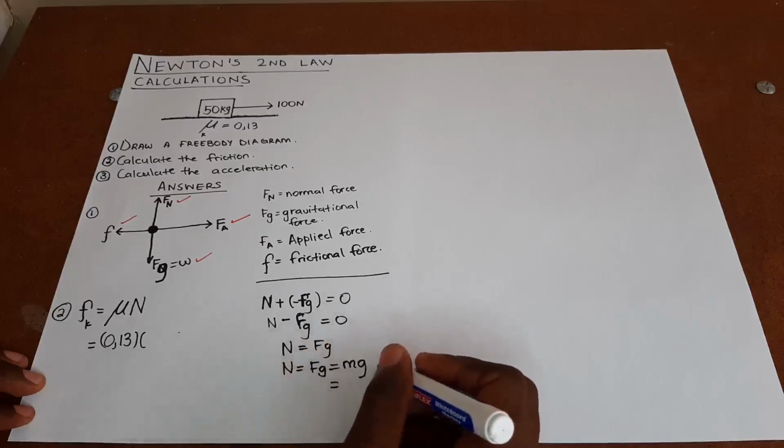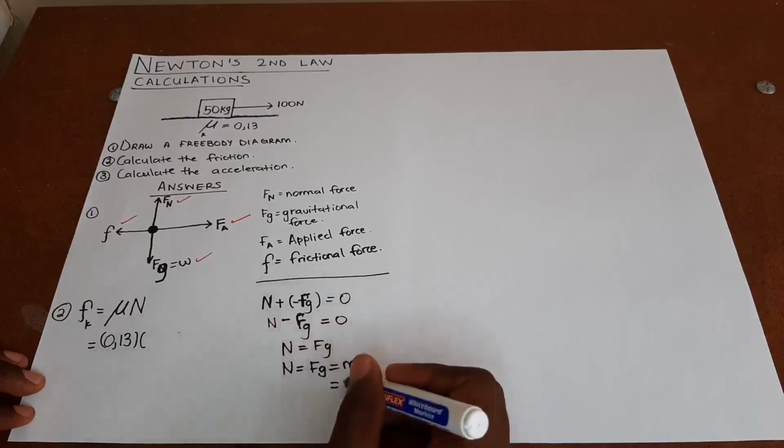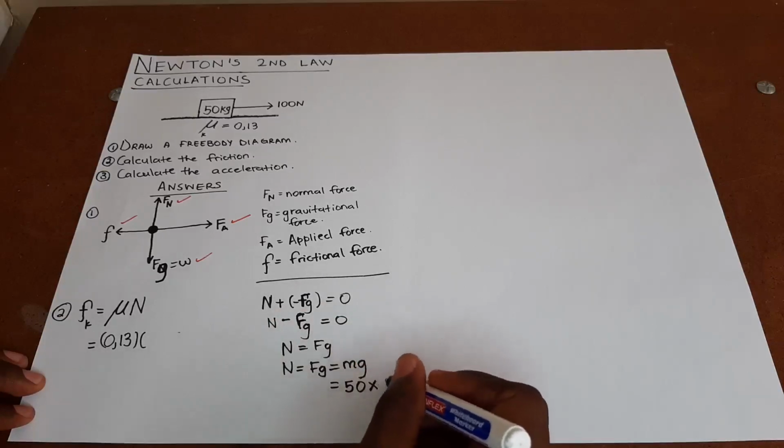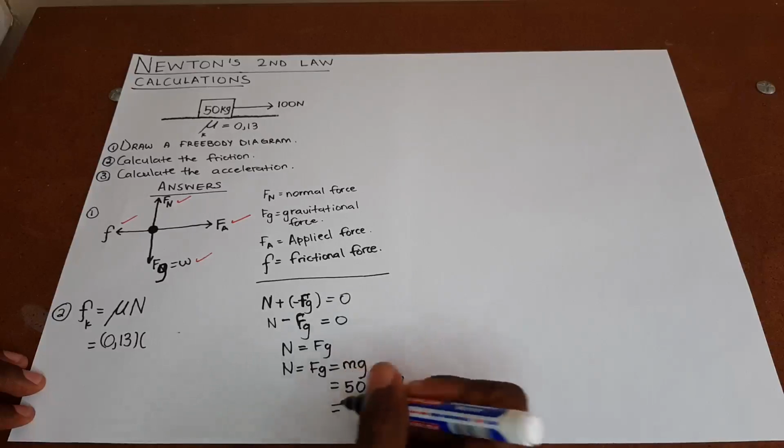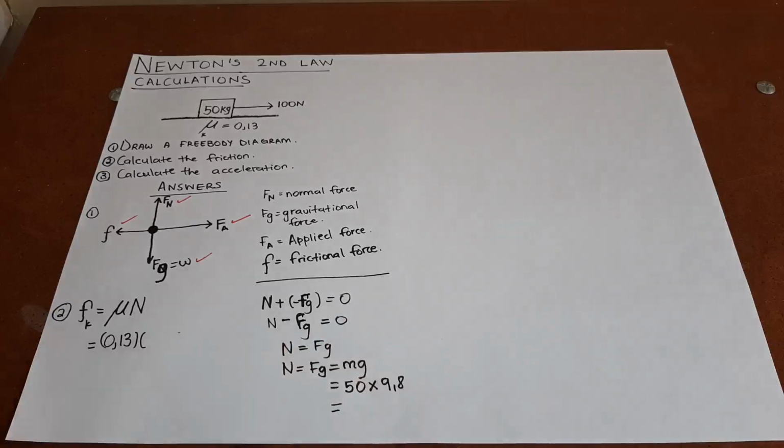Your mass is 50, so this becomes 50 multiplied by 9.8, the gravity. Press on the calculators, guys. 50 multiplied by 9.8 gives us 490 newtons.